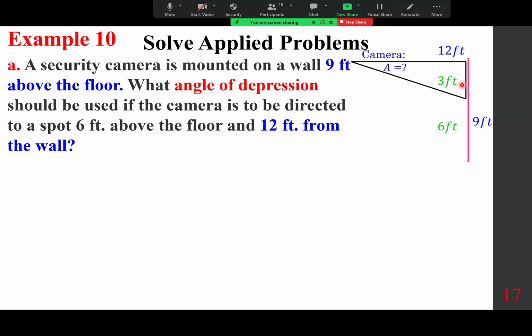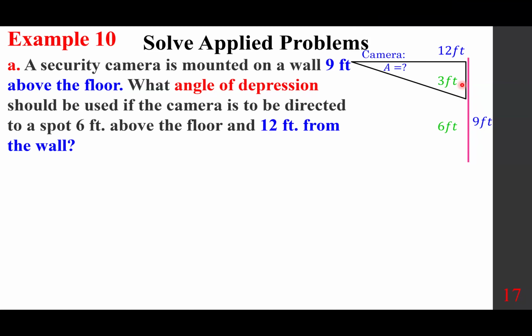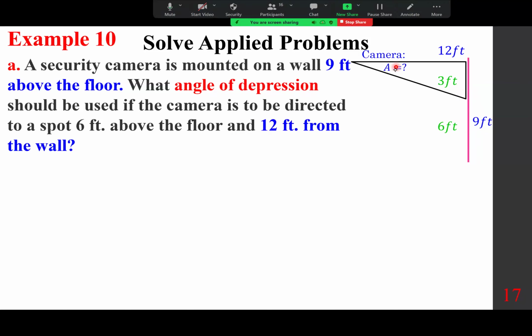So first, let's make sure we understand the setting and it makes sense to us. So tan of this angle is the opposite, which is 3, over the adjacent, which is 12 feet. So 3 over 12, or 1/4.